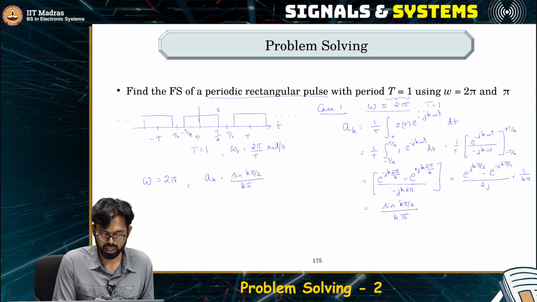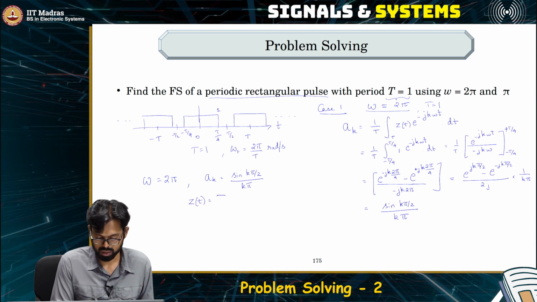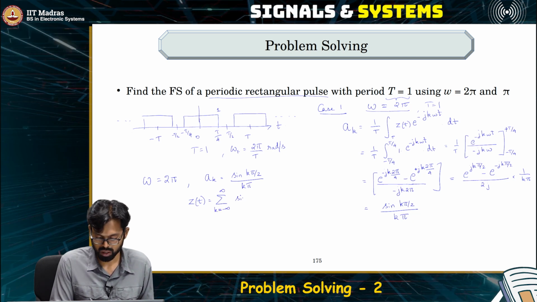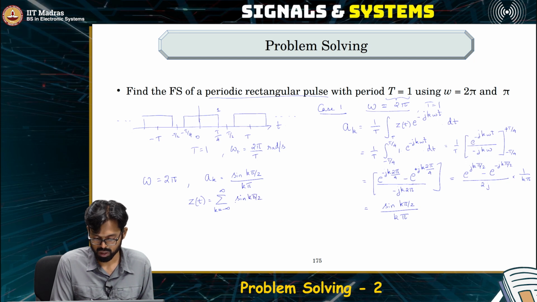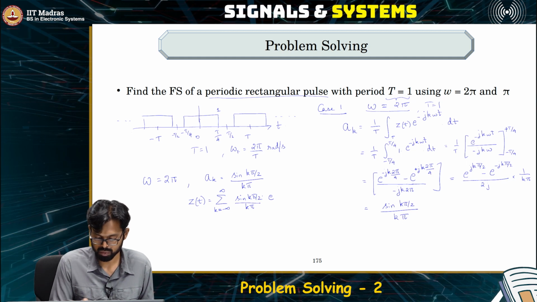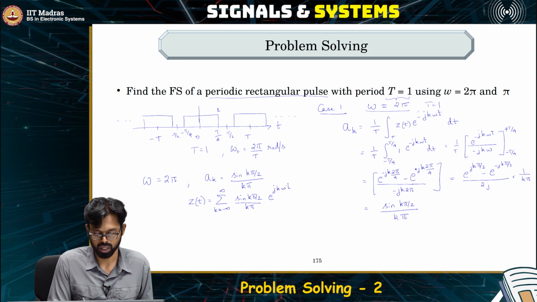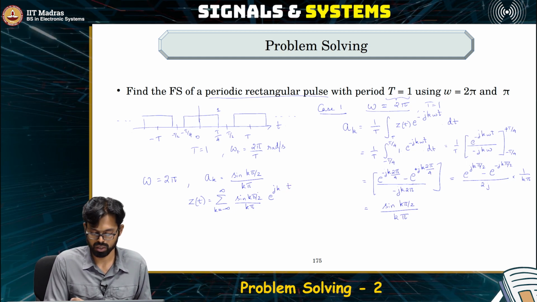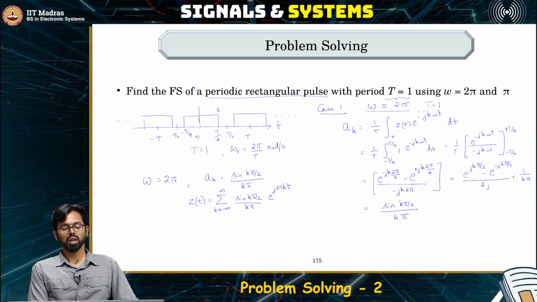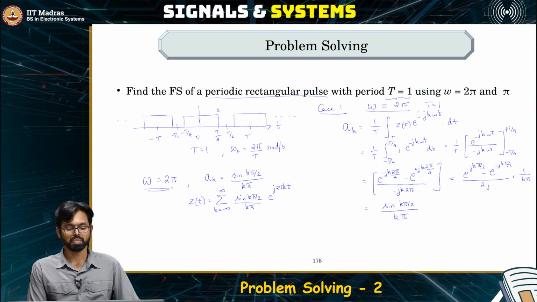Which means under this, the expansion of the rectangular pulse would be summation k equal to minus infinity to infinity of sine k pi by 2 divided by k pi times e power j k omega t, and omega here is nothing but 2 pi. So we have 2 pi k t. So this is the expansion of the signal when the fundamental frequency is chosen to be 2 pi.